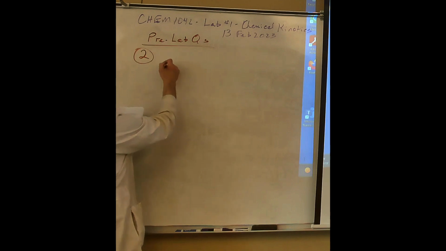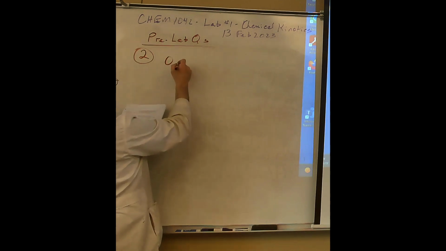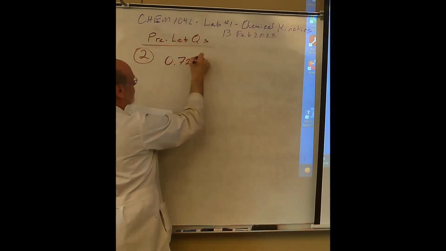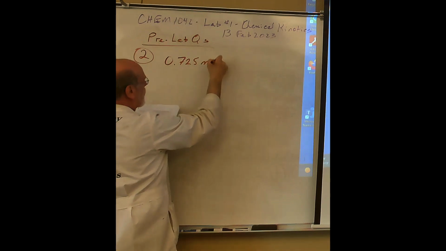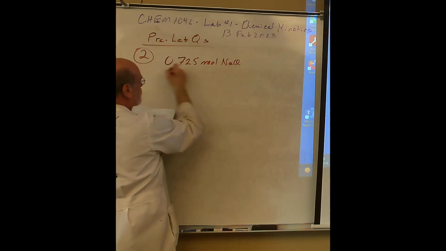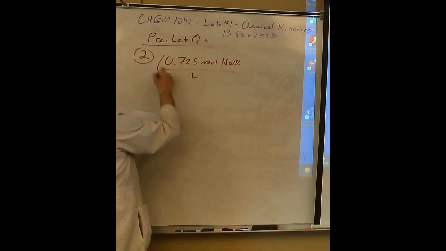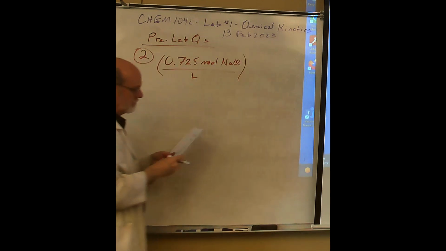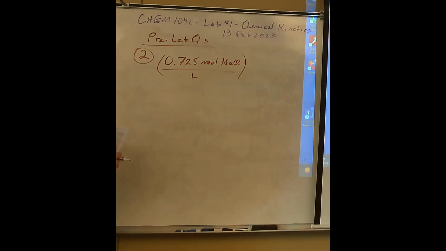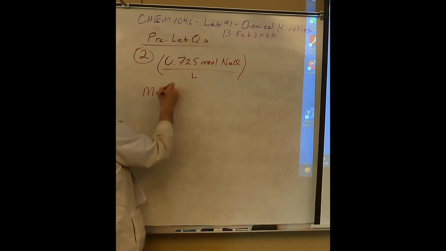0.725. So here's the setup: 0.725 moles of sodium chloride per liter. That's what we want to do. This is our equation.